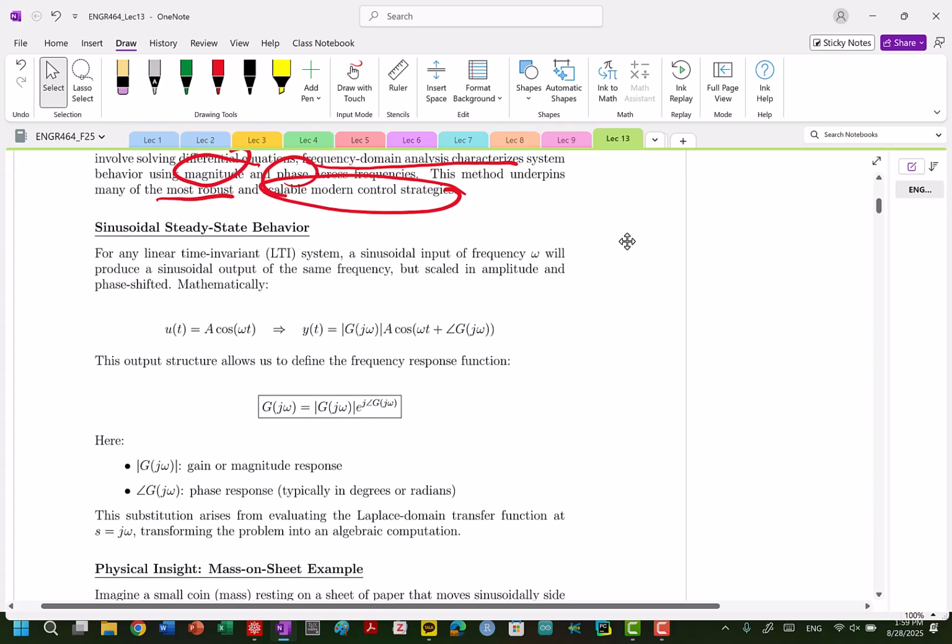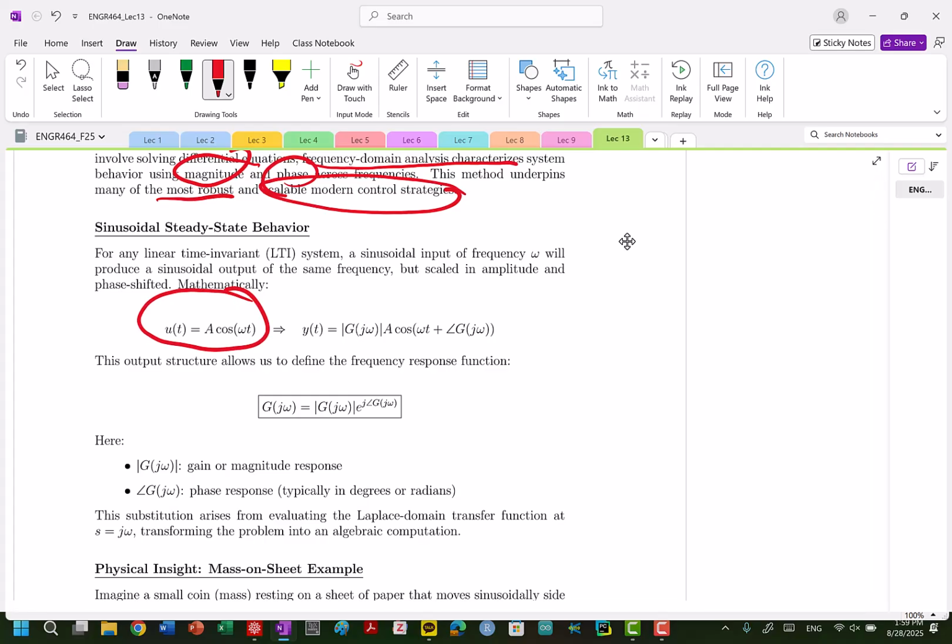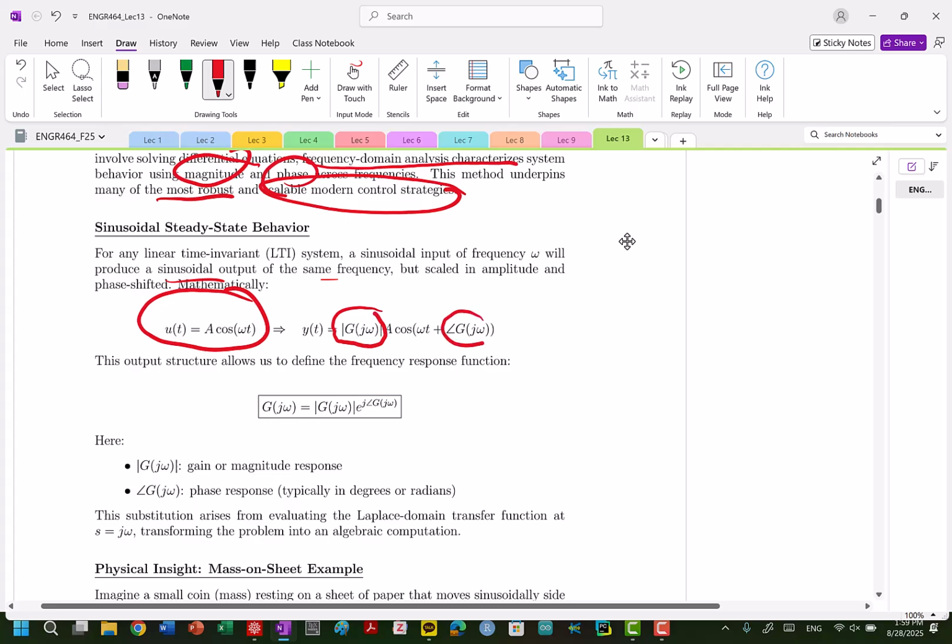So let's say we have a sinusoidally varying input, which may often be the case. It will produce an output with basically the same frequency, but scaled and with a phase shift. So this is going to be the new magnitude, and this is going to be the new phase lag.